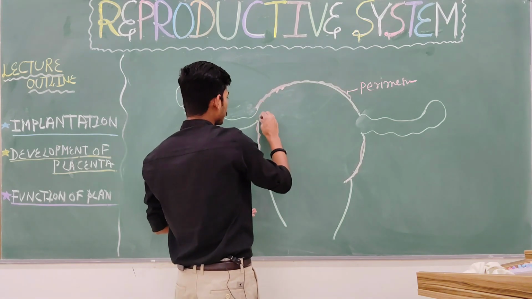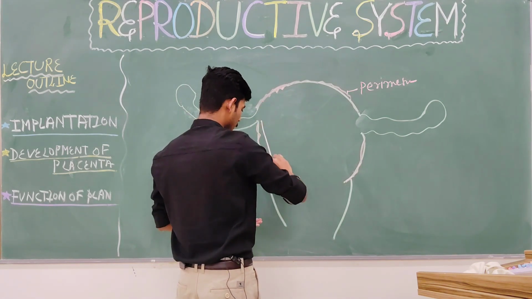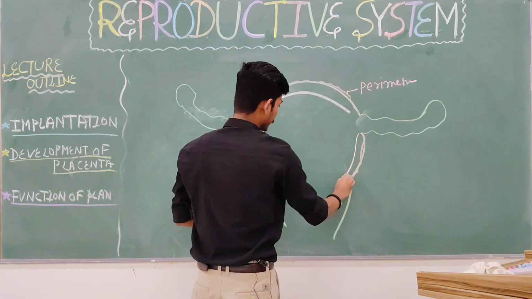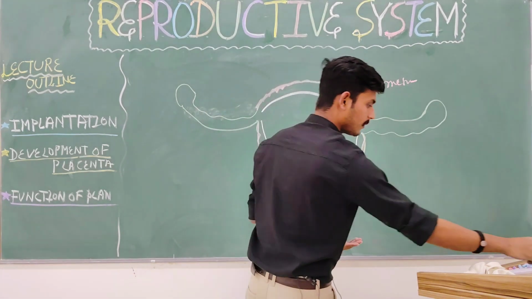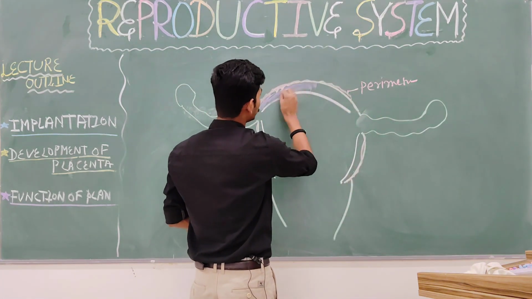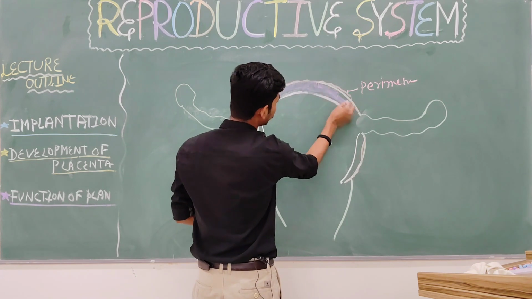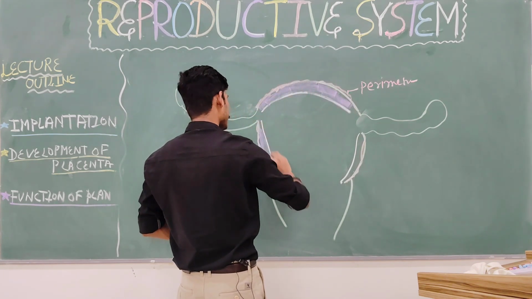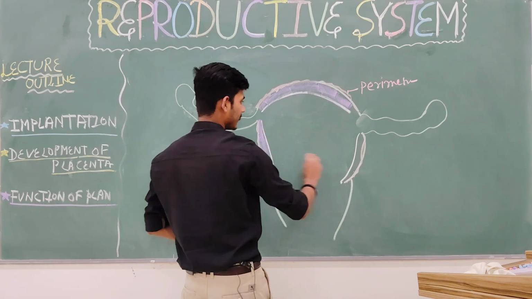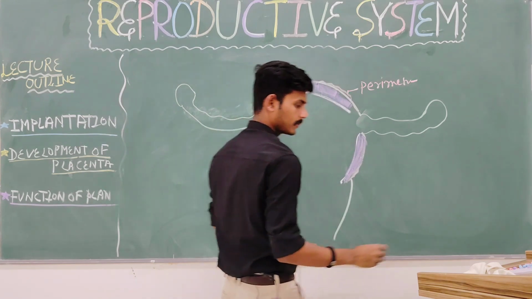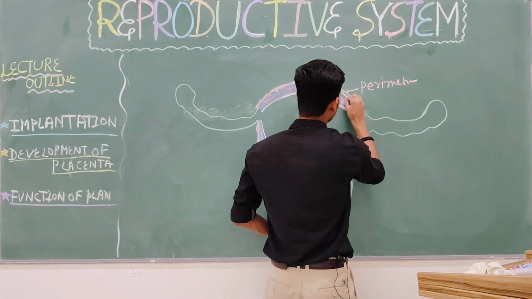Then we have a thicker layer, isn't it? This thicker layer of the uterus is a smooth muscle layer, and it has a special name, known as myometrium.